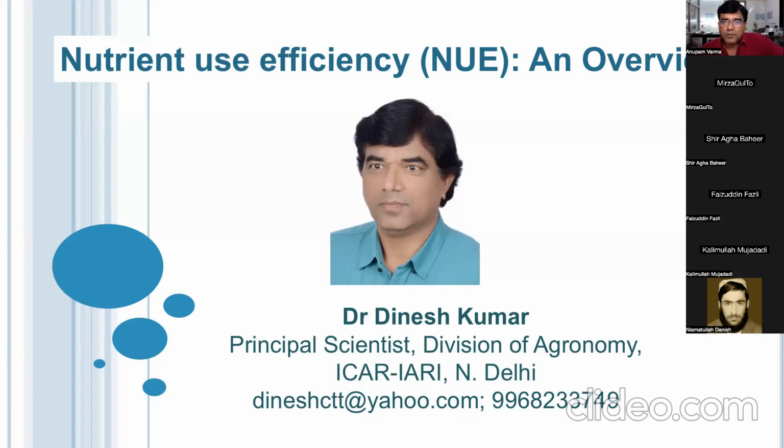They can be supplied through a combination of different sources, which is called integrated nutrient management. These nutrients should also be supplied in the right proportion or ratio. Therefore, this is called balanced fertilization. So balanced fertilization and integrated nutrient management strategies should be followed to supply nutrients to the crops. That is the best way.